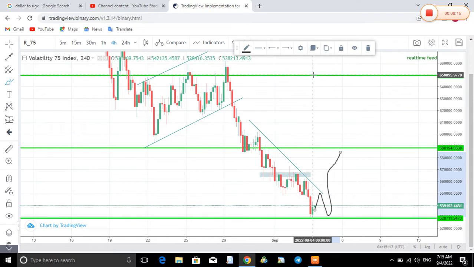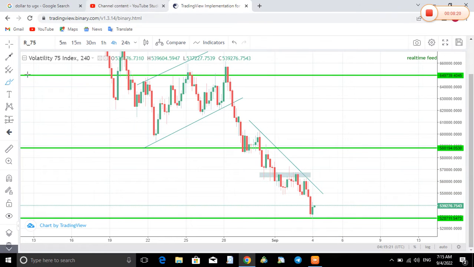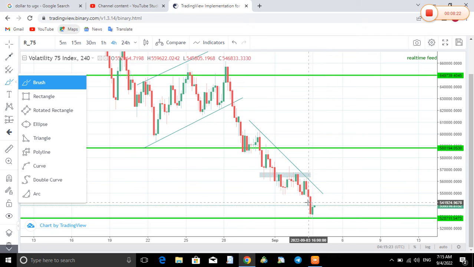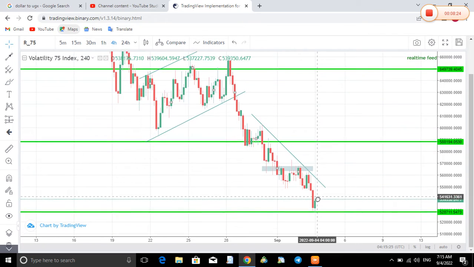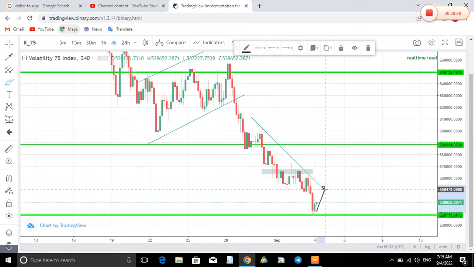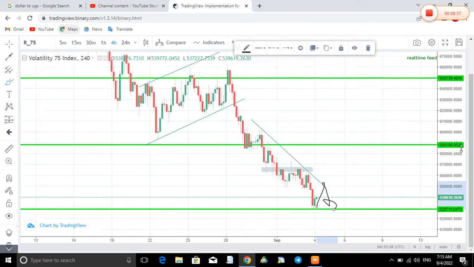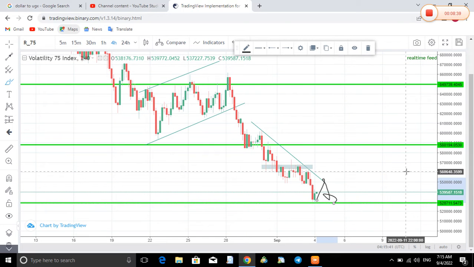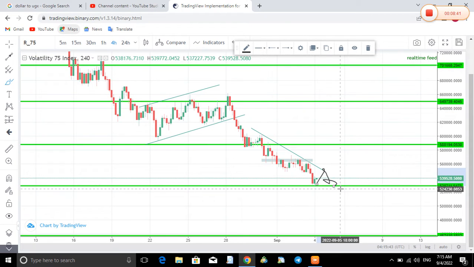Or you will see 75 respecting our analysis, like we have told you, buying from this level to our resistance level after pushing the price back to the downside. After pushing the price back to the downside, we might see it collapsing all the way to the next major market key level, which is our support level.